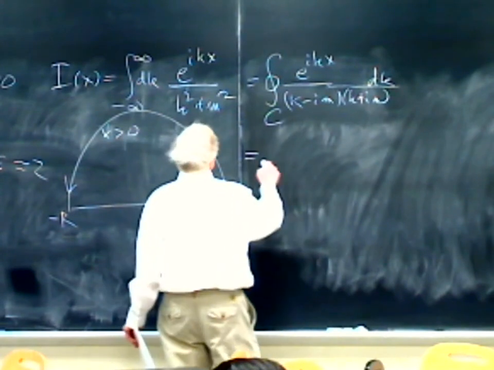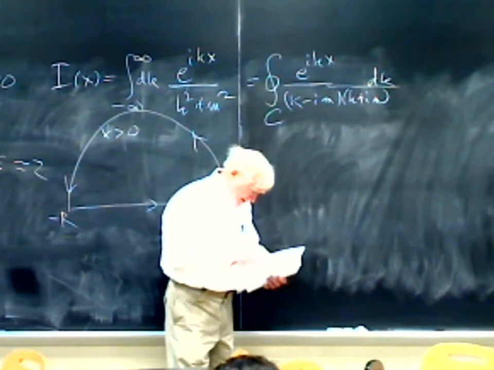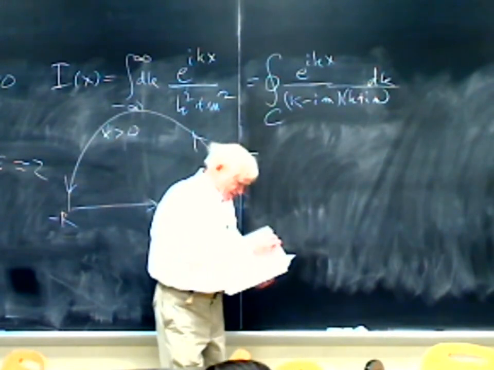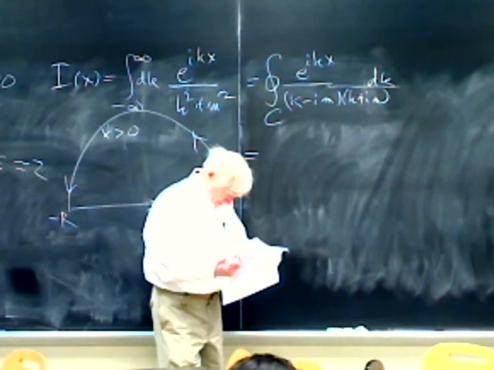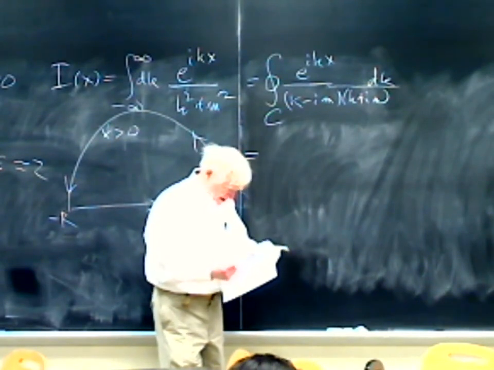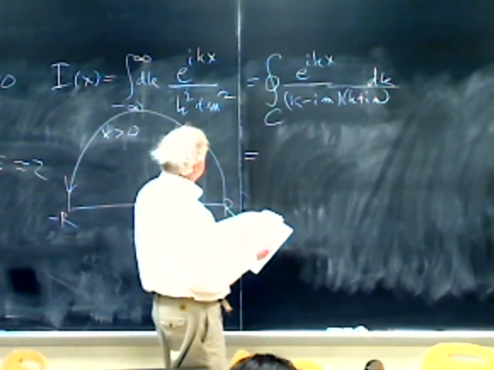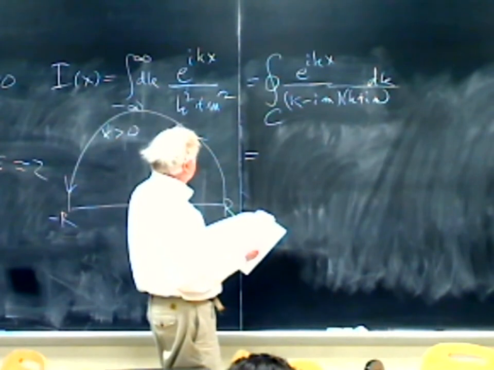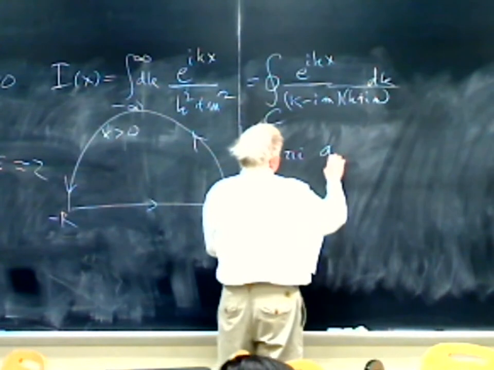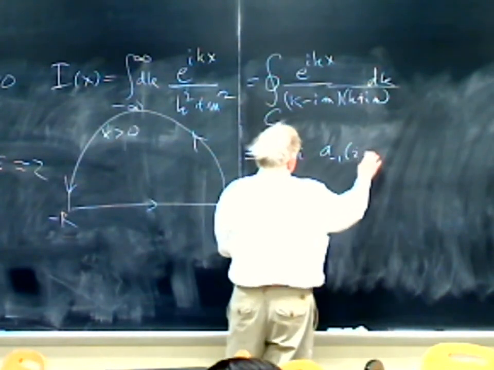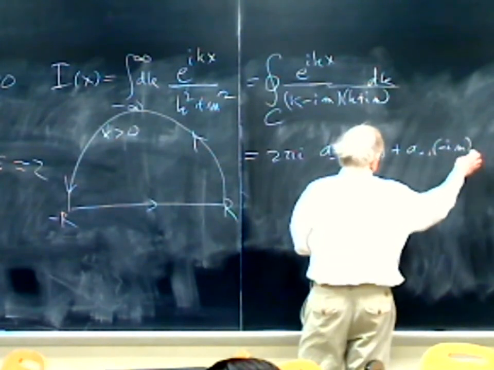All right, so let me do it the new way. I want to use the right notation though. This is going to be 2 pi i times the residue at im plus the residue at minus im.